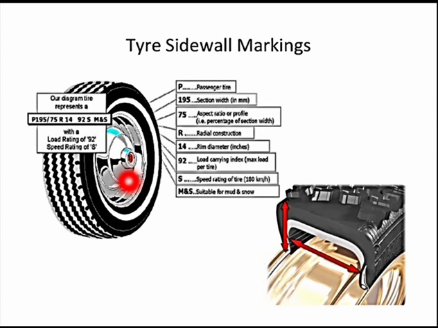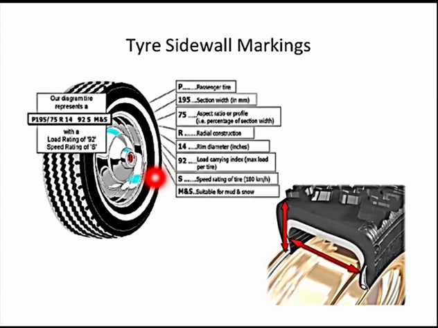It means how much load each tire is carrying. For example, if the total load is 100 kilograms and there are four tires, each tire can carry 25 kilograms. That is the load carrying index 92.